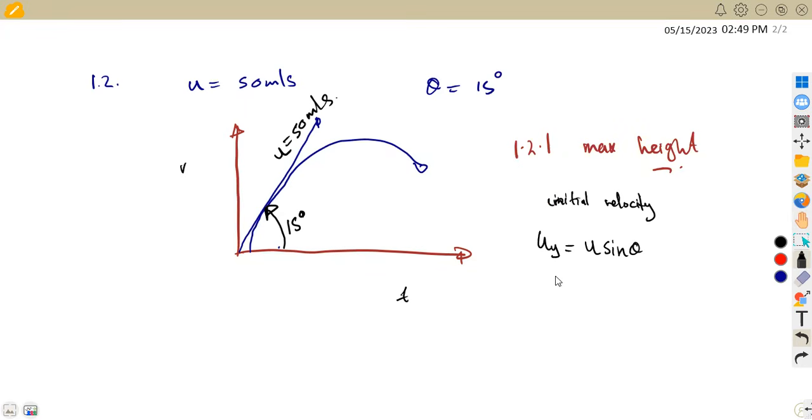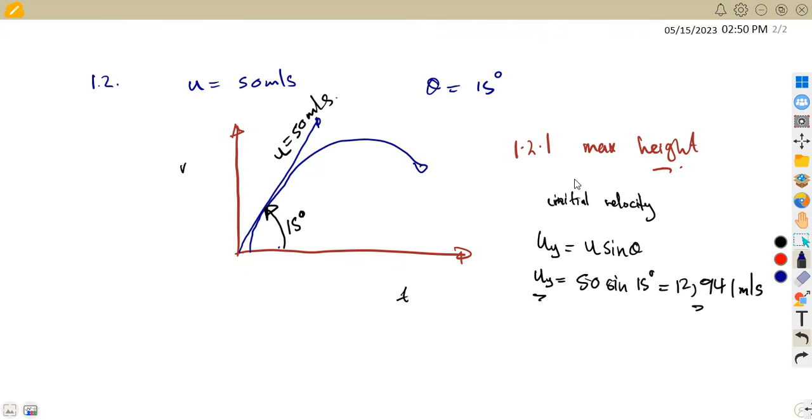So our initial velocity is going to be u sine theta, which is 50 sine of 15 degrees. If you simplify this, you are going to obtain 12,941 meters per second. So this is your initial velocity.